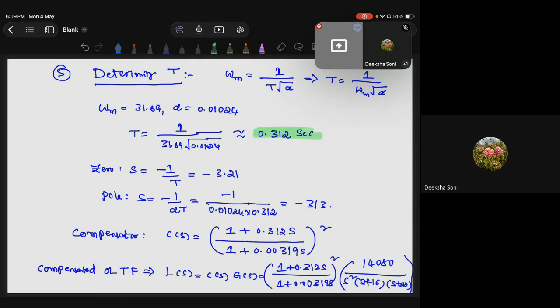This is the compensator, and this is the compensated open loop transfer function.